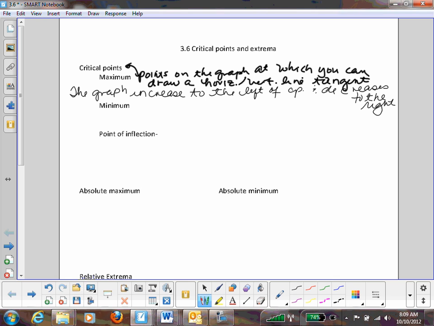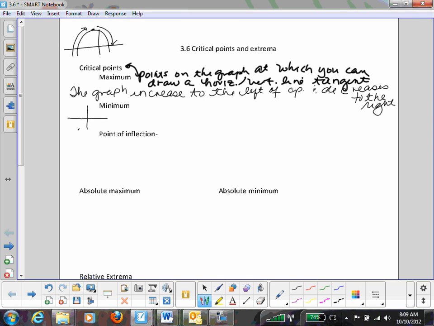Okay? And think about it. Doesn't that make sense? If I have a maximum, my y values are increasing, correct, as I look a little to the left. And then as I go down, my values are decreasing. Okay? All right, a minimum. If it's a minimum, it's a low point. What's happening to our y values to the left?